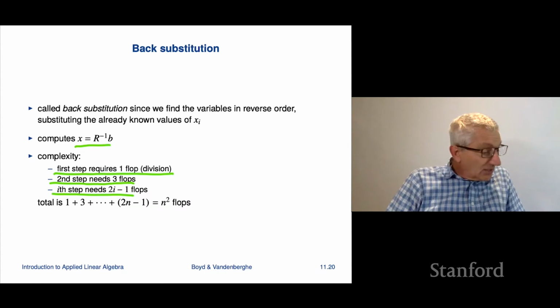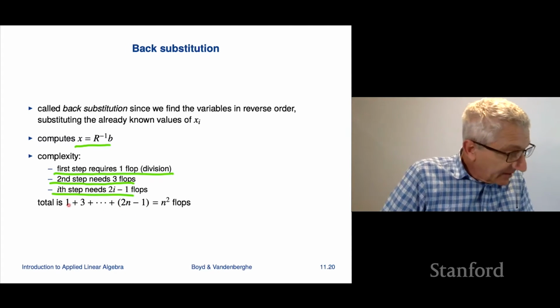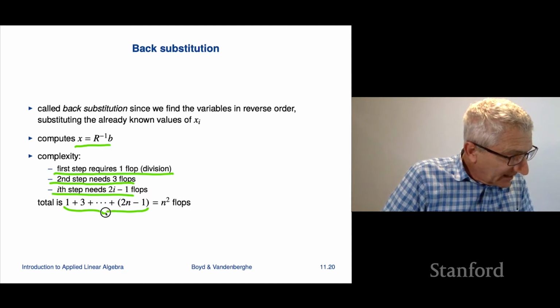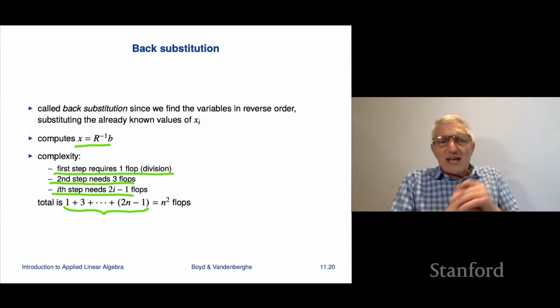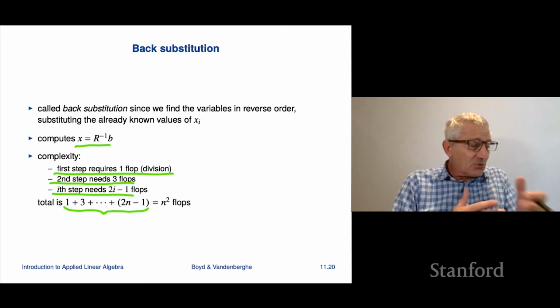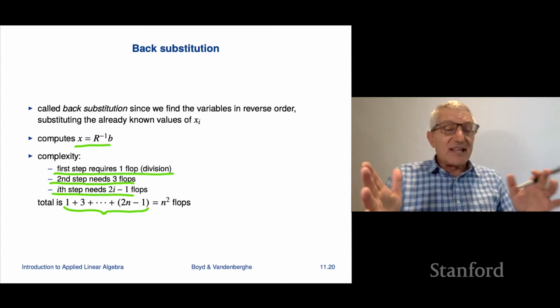And so the total is going to be 1 plus 3 plus 5 plus 7, all the way up to 2n minus 1. And it's a famous identity that tells you that the sum of odd numbers up to 2n minus 1 is just n squared. You can check that, it's easy enough.